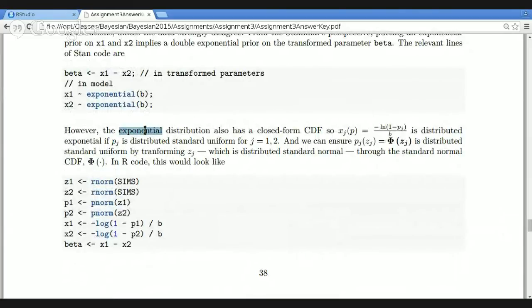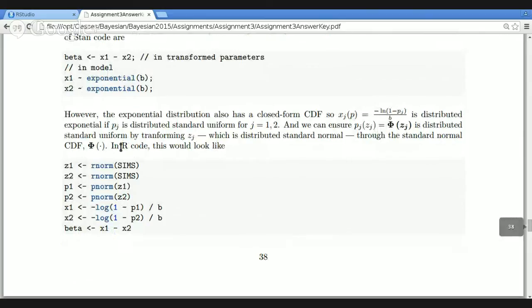exponential distribution, of which you're creating two and then subtracting, also has a closed form CDF given by this expression here, negative log of 1 minus the probability divided by the scale factor.